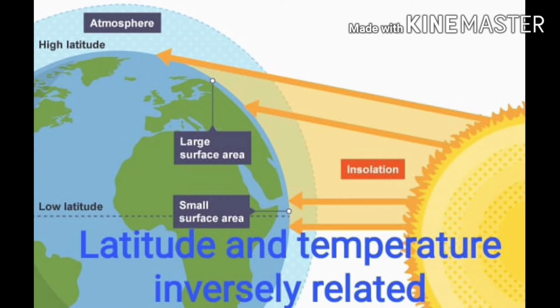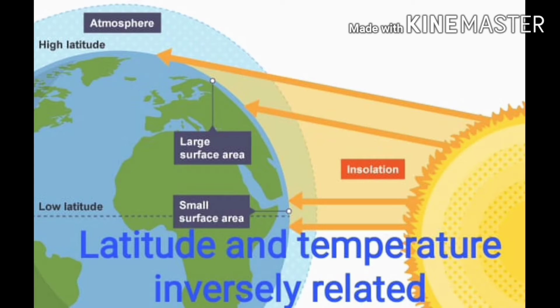At lower latitudes, for example in the tropical region, sunlight is most intense. What is the reason? This region receives more energy as the sun rays are almost vertical. In addition, the sun rays have to travel less distance from sun to earth.